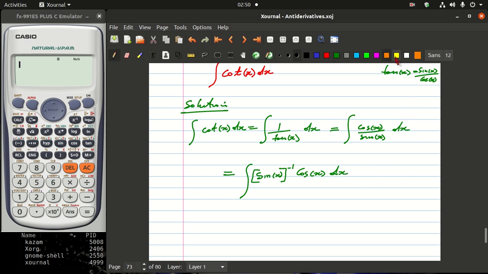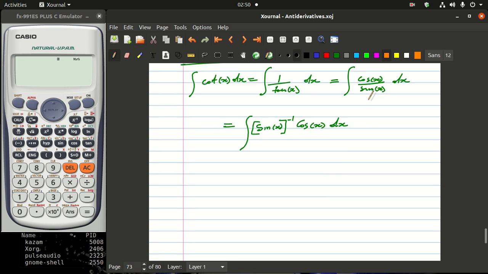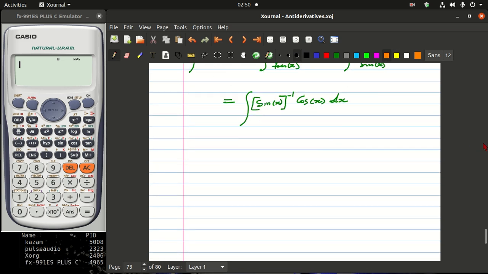Now, if you look into the integration table, we don't have the antiderivative of sine of x raised to -1. We don't have it at all. But when we are looking for the antiderivative of cosine of x, we do have the antiderivative of that in the integration table. So the problem here is this, because we don't have that.